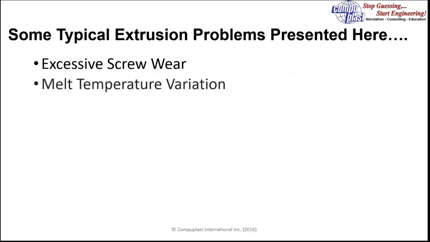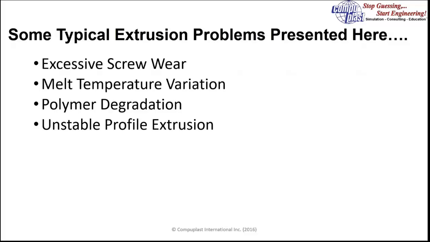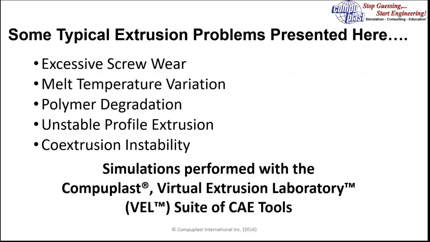Today, the topics that I'm going to present include excessive screw wear, melt temperature variation and excessive melt temperature, polymer degradation in general, unstable profile extrusion, and co-extrusion instability. The simulations are performed with the Compuplast Virtual Extrusion Laboratory suite of CAE tools.